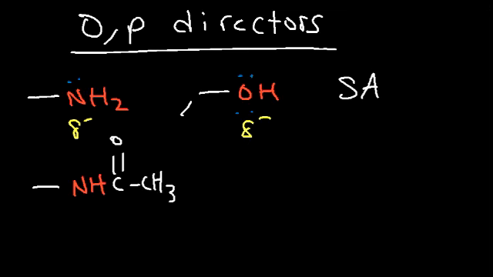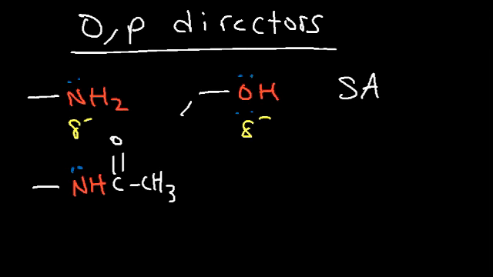The carbonyl group weakens the lone pair on the NH, because this lone pair can delocalize into the benzene ring, but it can also be pulled by the carbonyl group. And so it's a weaker activator.